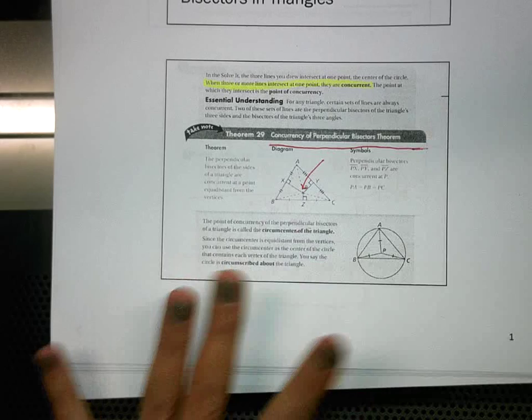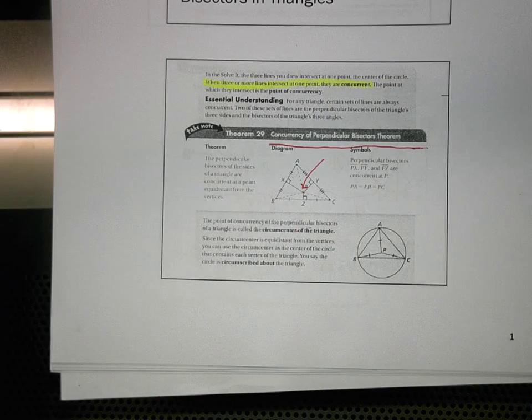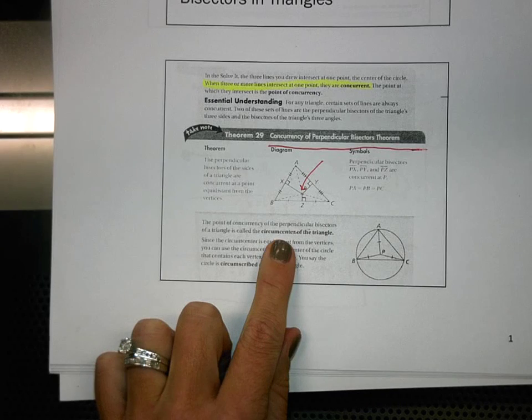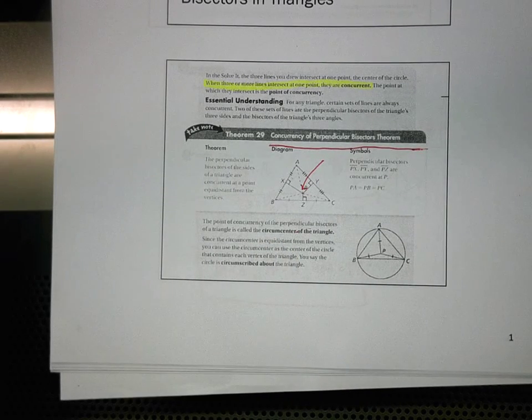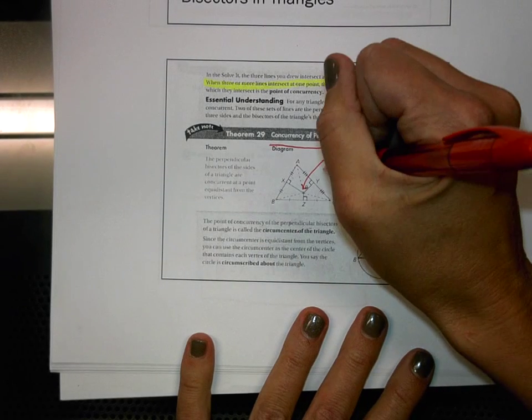Now that point right there where those intersect is specifically called the circumcenter. So we're going to write that.